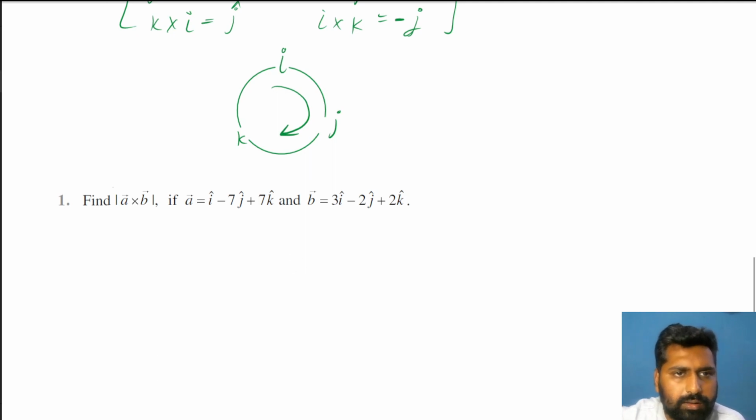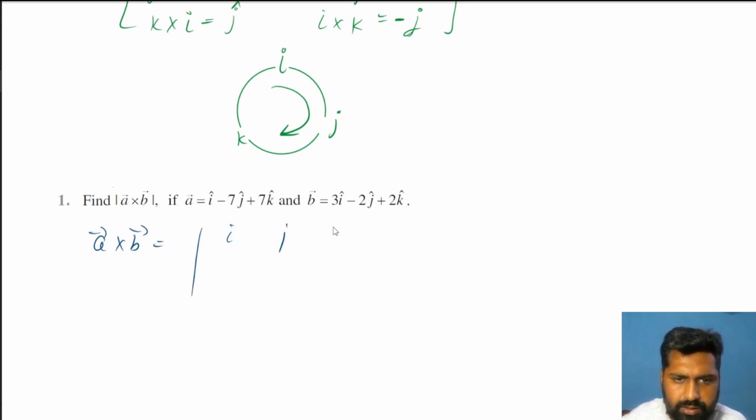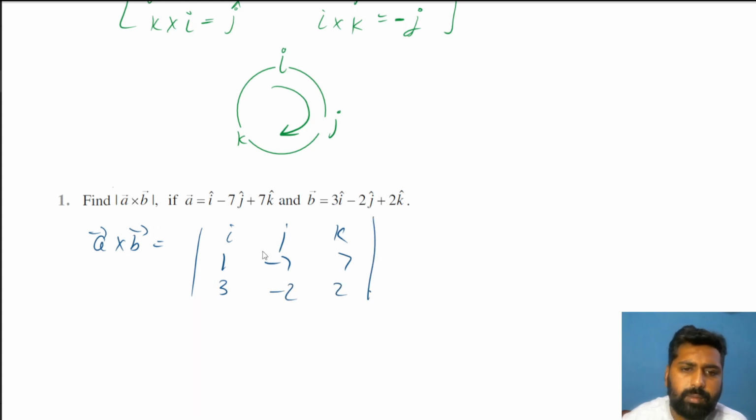You start by doing the actual cross product, meaning you actually calculate your A cross B vector, and then we'll calculate its magnitude. So let's calculate A cross B. Magnitude, determinant of i, j, k, then the A vector components 1, minus 7, 7, and the second one, B, is 3, minus 2, 2, and we expand about this with plus, minus, plus.